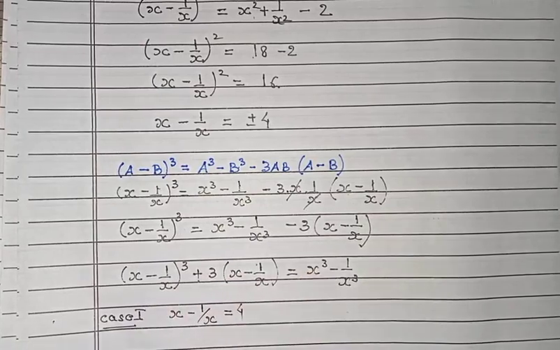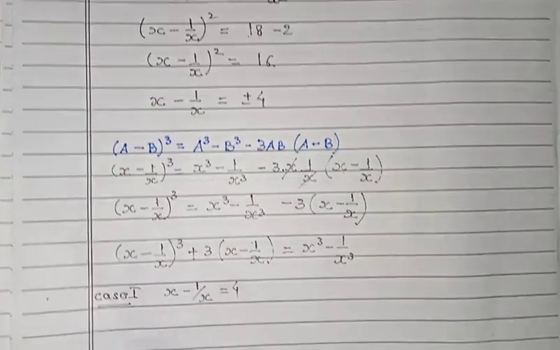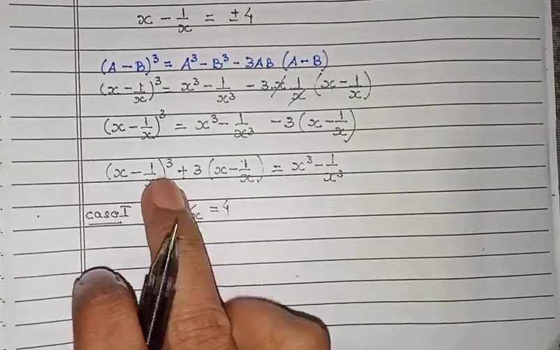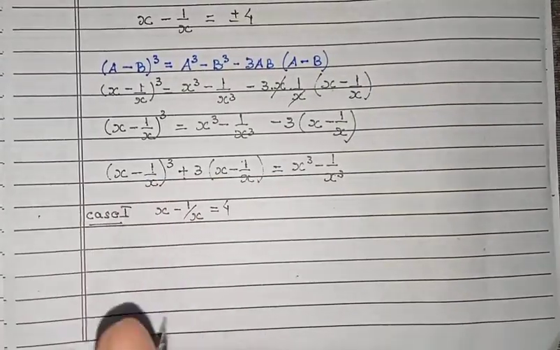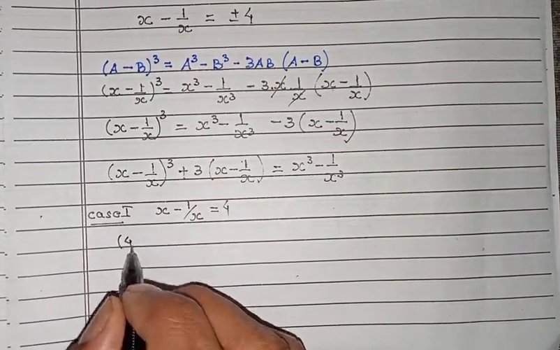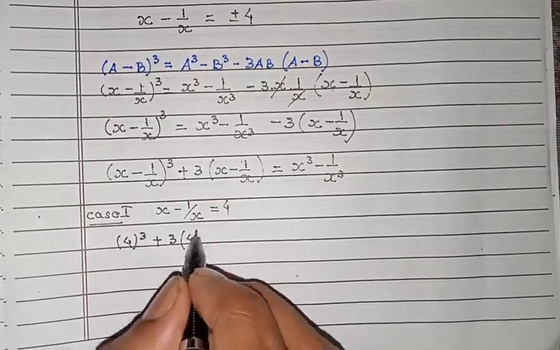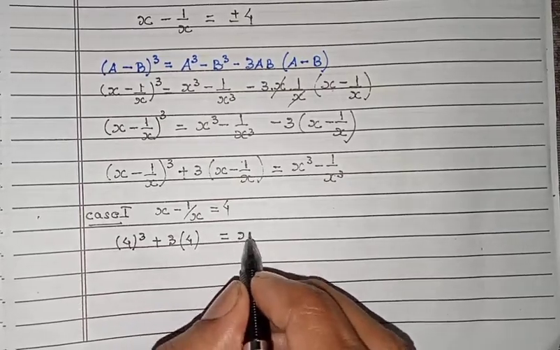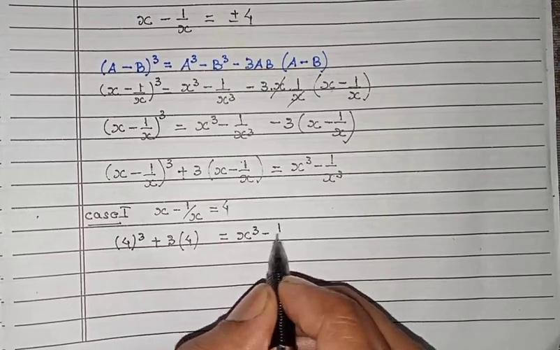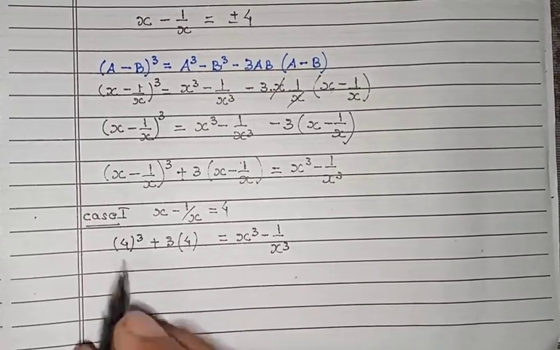Let us substitute the value here as plus 4. So in this formula we will substitute the value plus 4. So this will be 4 cube plus thrice of 4, and in this way we will get the value of x cube minus 1 upon x cube.